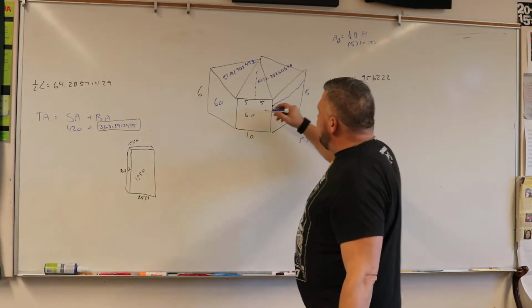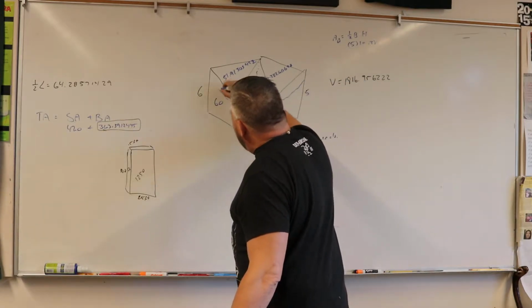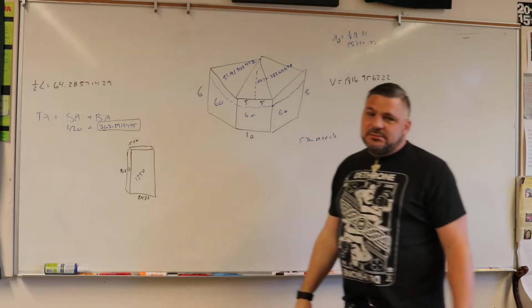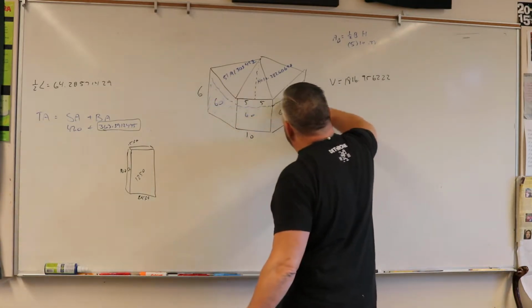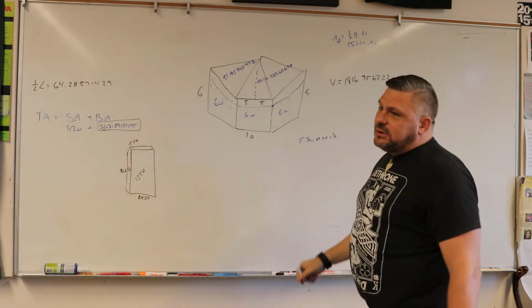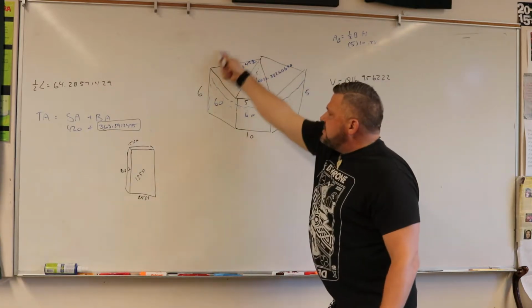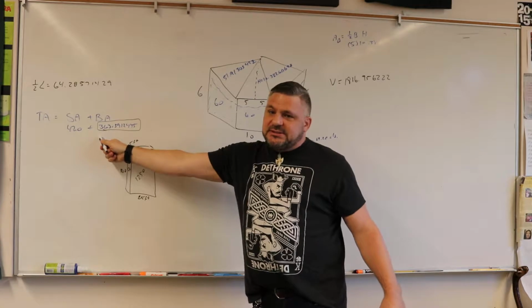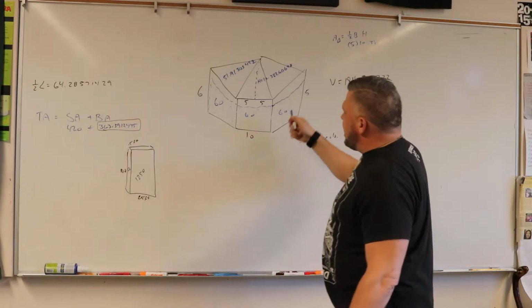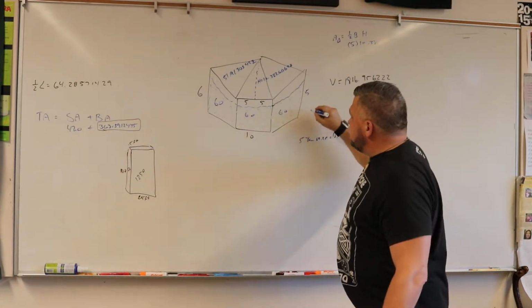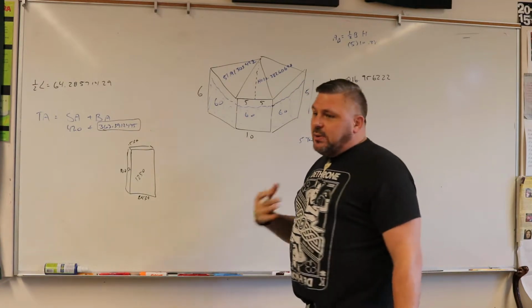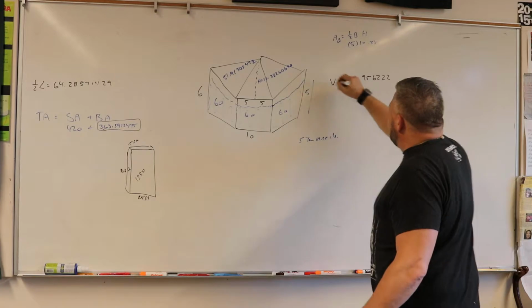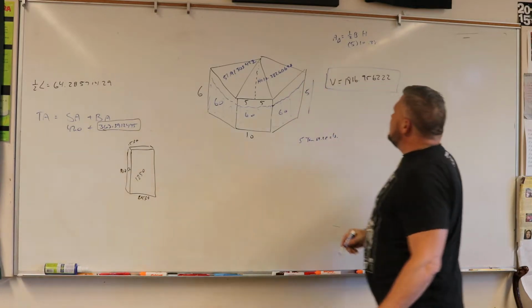Now we're only filling the pool up to 5 feet, right? So we're only filling it up this much. So that means I take my base area, which is that 363, and I multiply it by 5, the height that I'm filling it up. Does that make sense? And when I do that, I come up with my volume, which is 1816.95622.